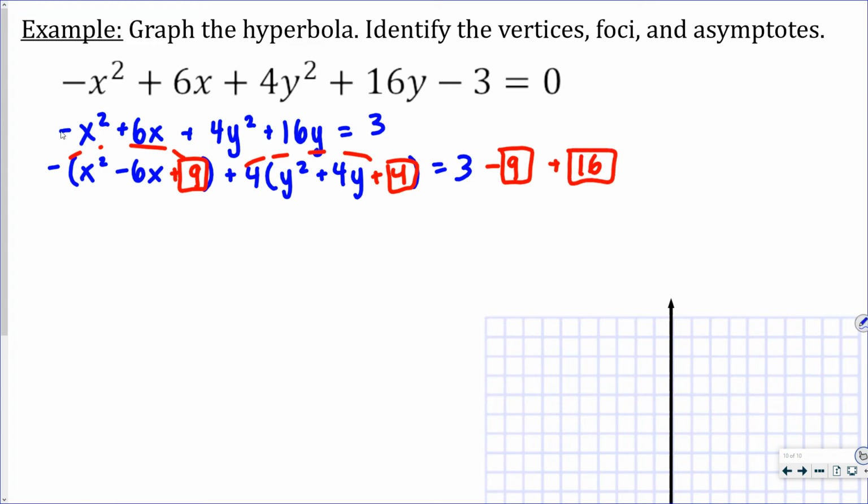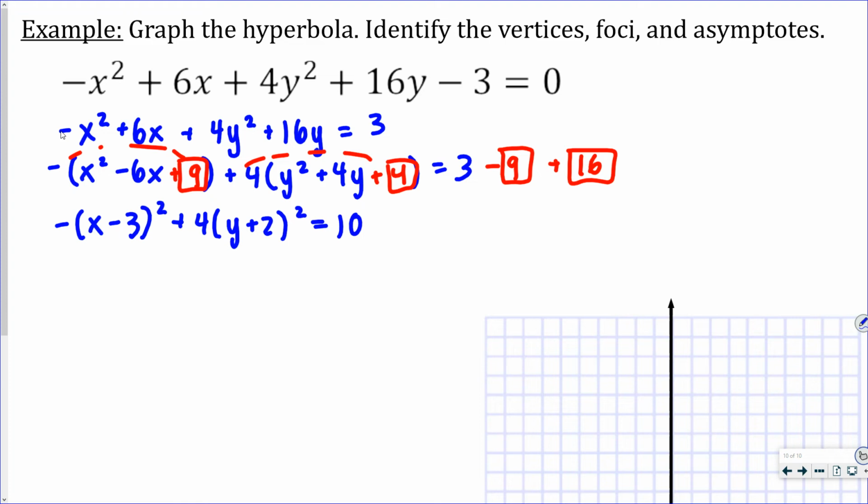Here I get negative x minus 3 squared plus 4 y plus 2 squared equals 10. Can't you just switch them? Yes, we should switch them, because there needs to be a subtraction between x and y.